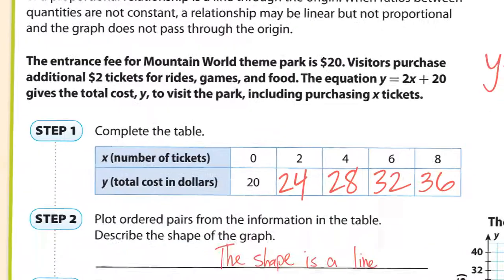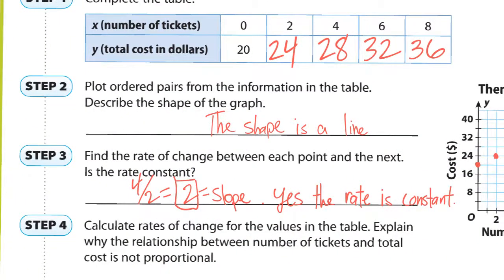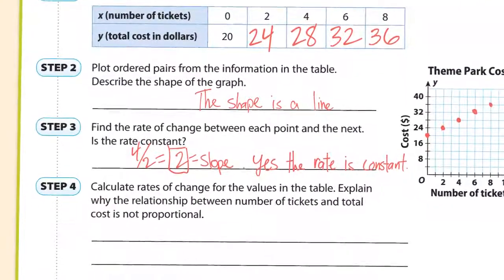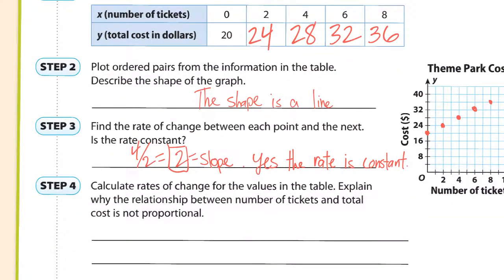And so we use this table. Now here, I'm going to take 20 divided by 0 and 24 divided by 2. So we have 20 over 0. That's called undefined. It's not 0. It's undefined.